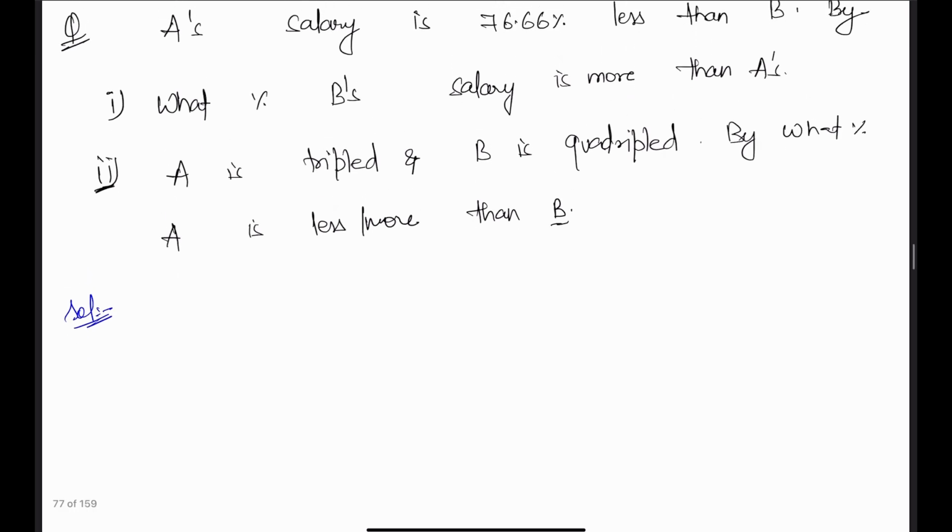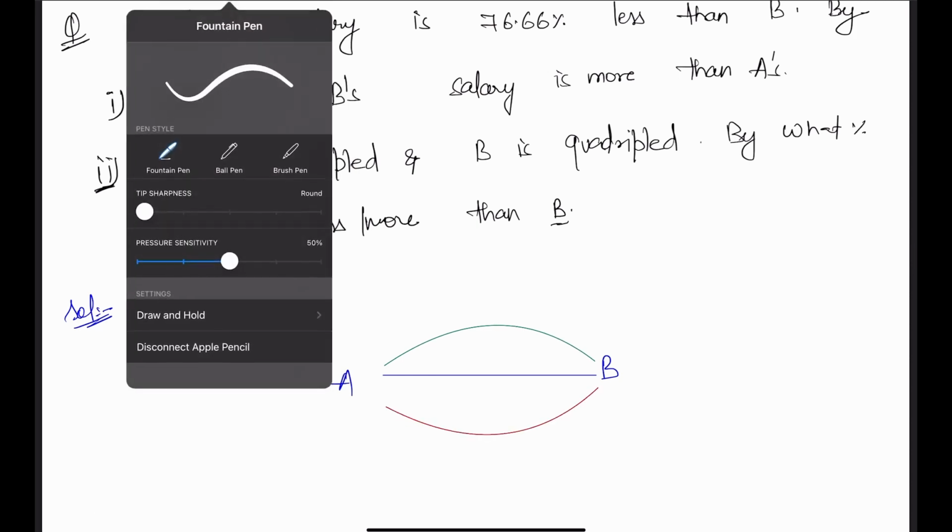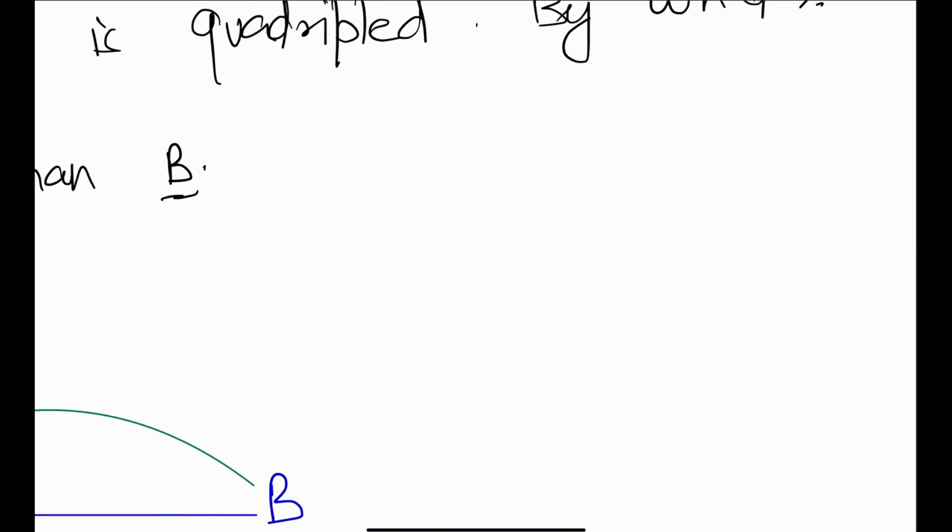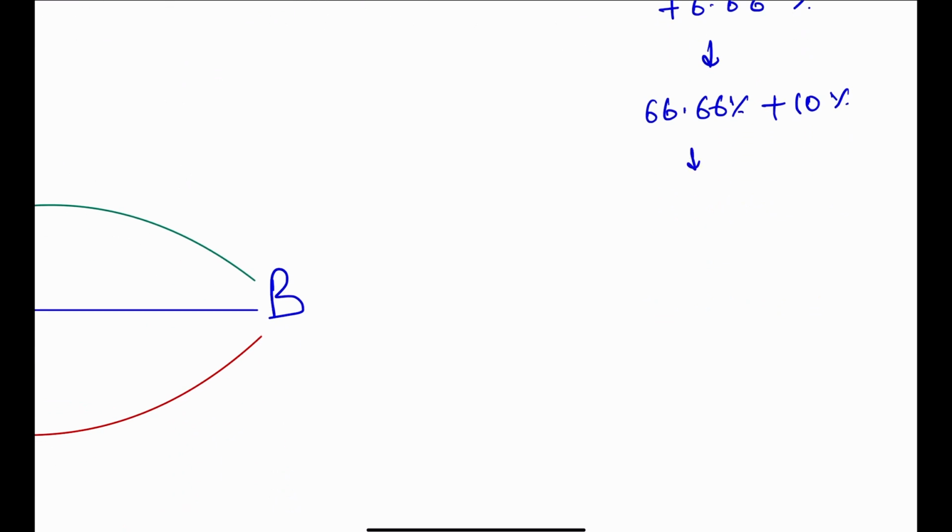So again we will solve the same question. A's salary is 76.66% less, so A is less, B is more. Two arcs are there: the lower one is for the less one, the upper one is for the more one. So again 76.66% is 66% plus 10%, so it will be 2 by 3 plus 1 by 10.